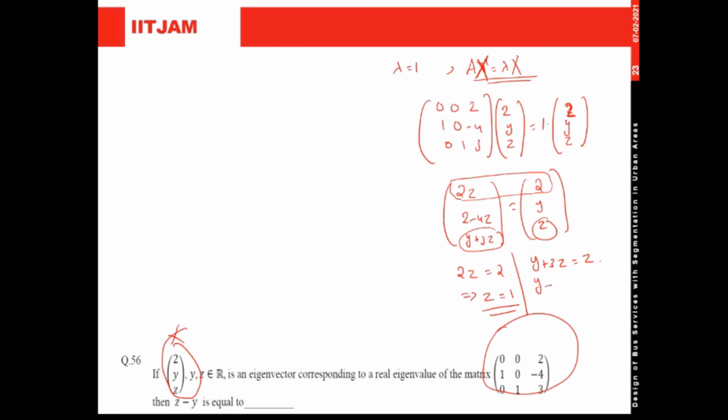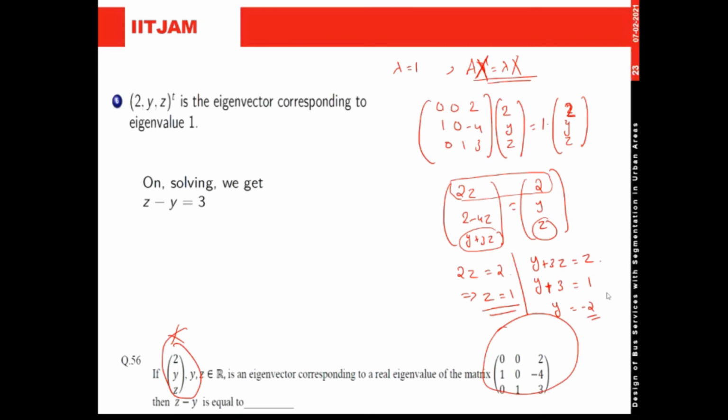So y plus 3 is equal to 1, therefore y equal to minus 2. So I got z equal to 1 and y equal to minus 2.